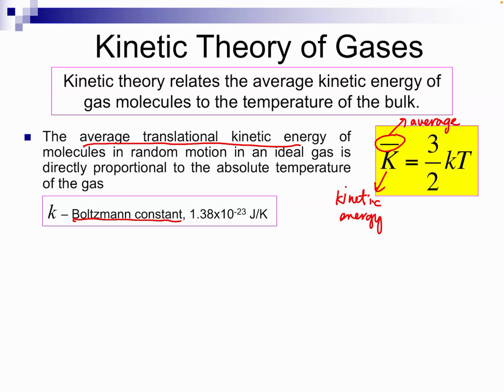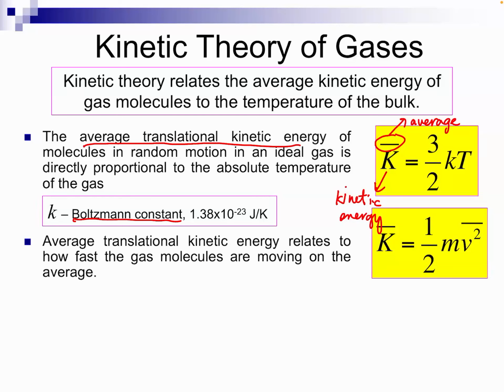Developing this relationship further, we learned that kinetic energy is the energy of objects that are moving. Compare that to K = 1/2 mv², which was the definition for kinetic energy we learned in mechanics. So if we're getting the average kinetic energy, it will be proportional to how fast the particles are moving on average.